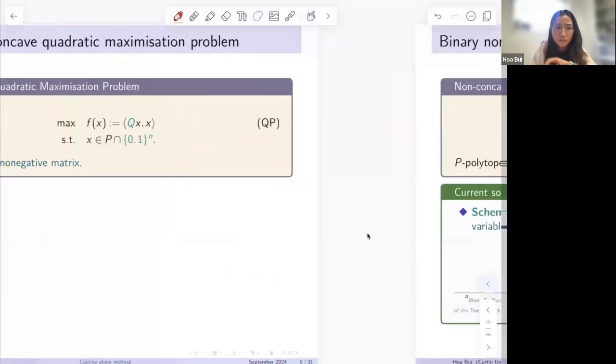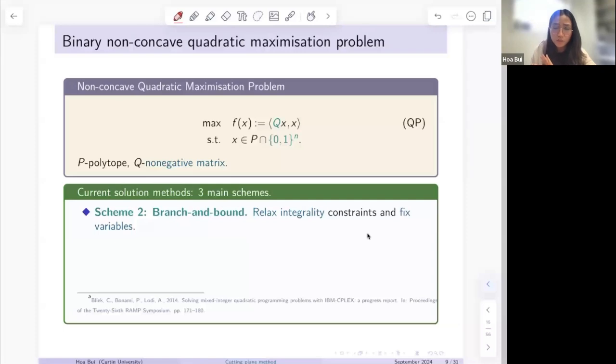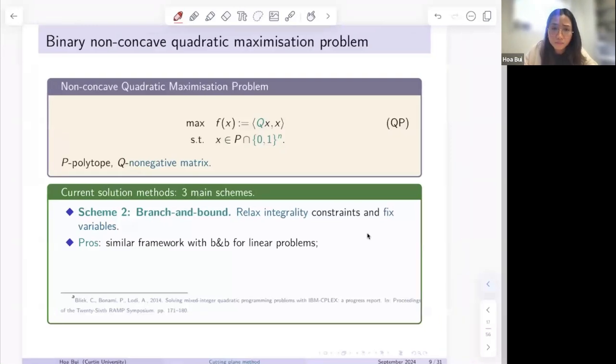The second approach is, of course, branch and bound, because we can follow the same idea. We relax the integrality constraint and fix variables, and we work with a similar framework, and we solve the relaxation to obtain the upper bound.